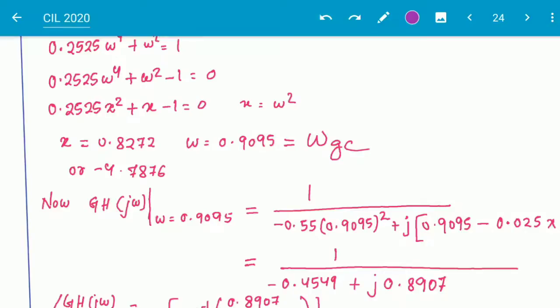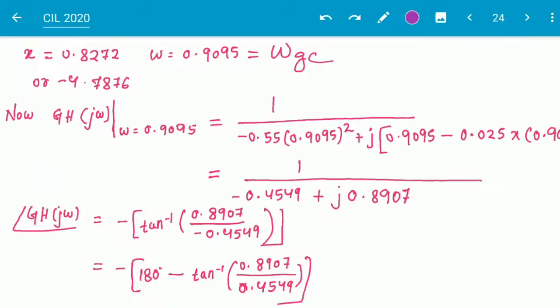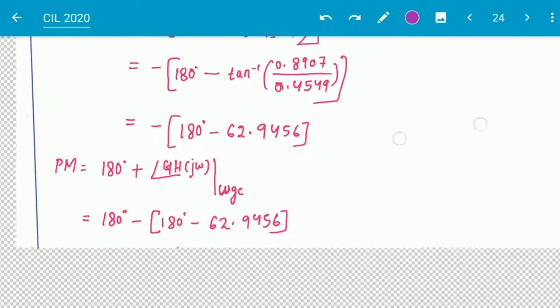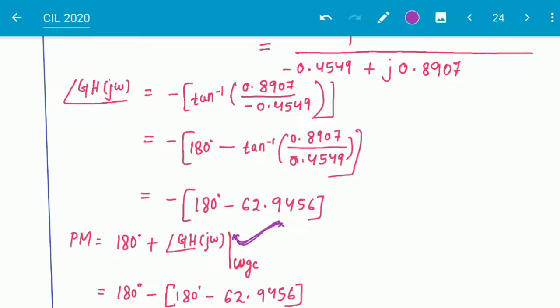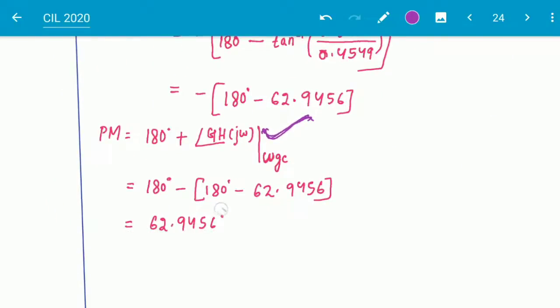If we put 0.9095 as gain crossover frequency to find out the phase margin, we get the phase margin formula here: 180 plus angle of GH(j omega) at gain crossover frequency, which is 180 minus tan inverse of something that is getting 1, and if we put that one, we will find 62.9456.